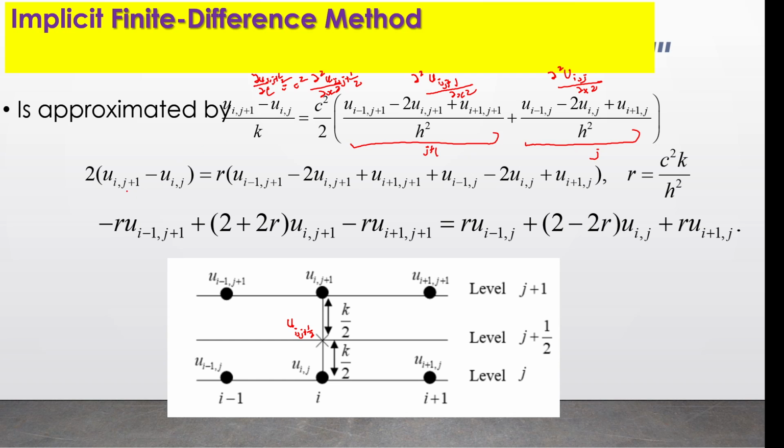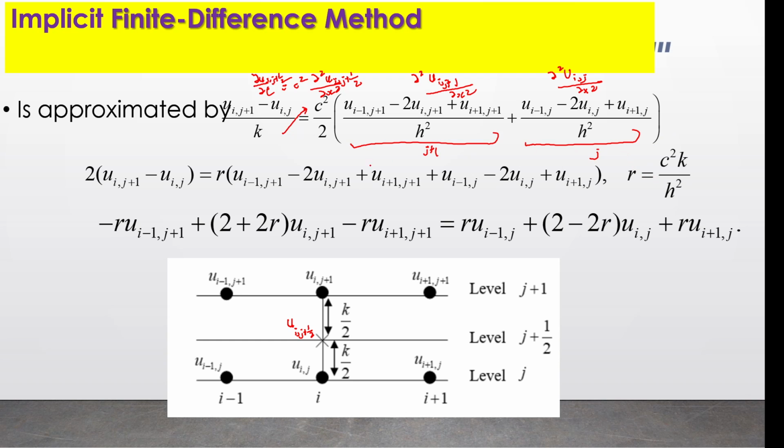So you have 2 times (u(i,j+1) minus u(i,j)) equal to, where kc² over h squared is r, so you have r times the term u(i-1,j+1) minus 2u(i,j+1) plus u(i+1,j+1). And then the last three terms are u(i-1,j) minus 2u(i,j) plus u(i+1,j), where r is kc² over h squared, the same as in the explicit method.